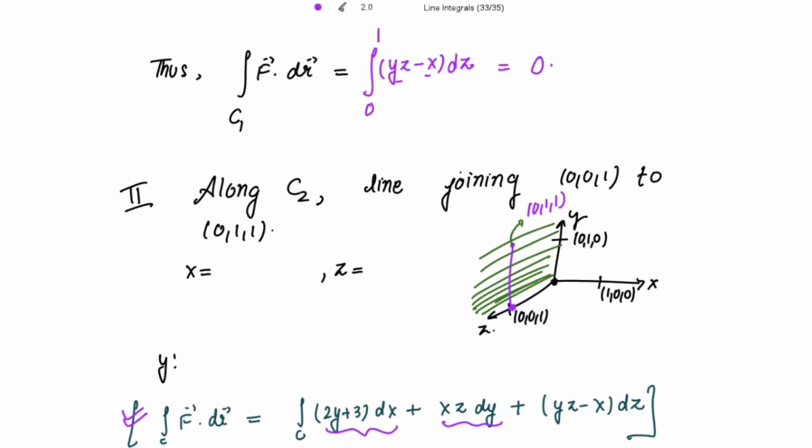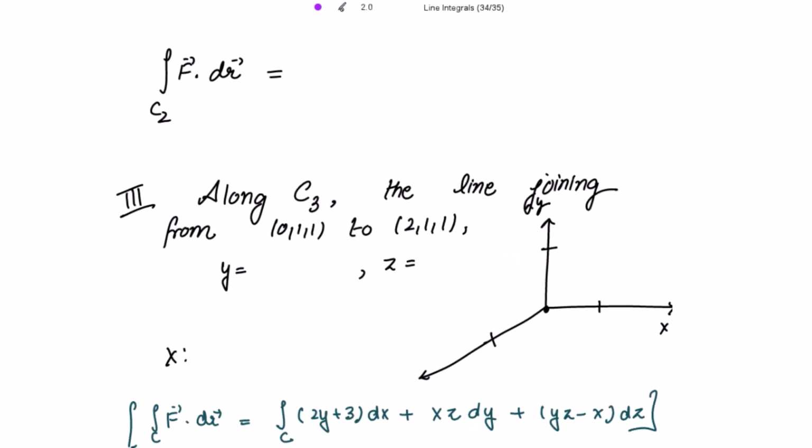For the YZ plane, we know that x is 0, and z is 1 here and also 1 here, so z is constant. So dx is 0 and dz is also 0, and y varies from 0 to 1. Now finding the line integral for C2 where dx and dz are 0.